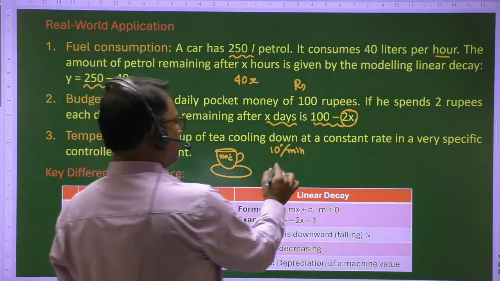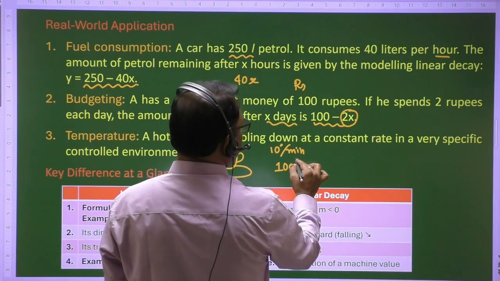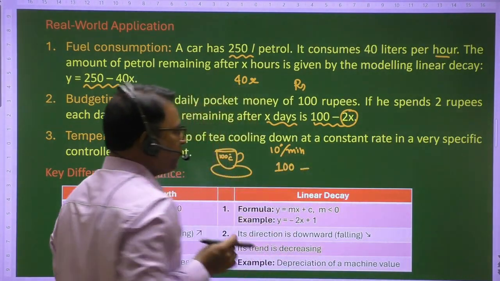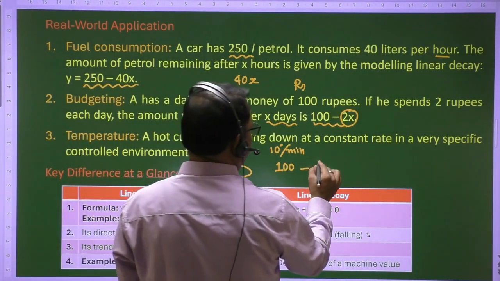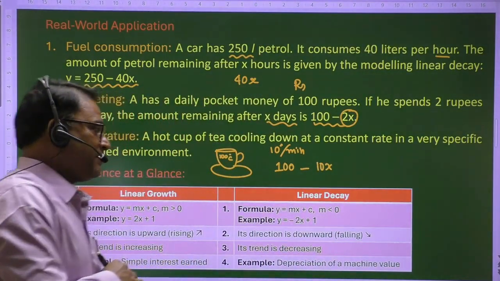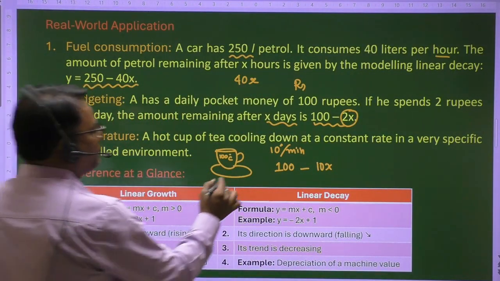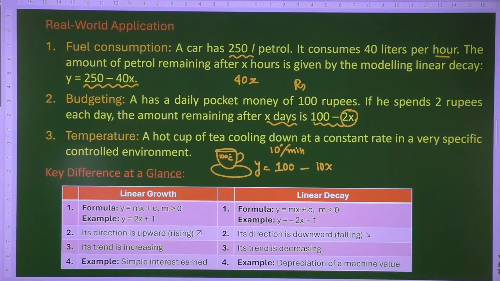So initially the temperature of the tea is 100 degrees, and every 1 minute it decreases by 10 degrees. So after x minutes the temperature drop will be 10x. The final temperature will be y = 100 minus 10x degrees.